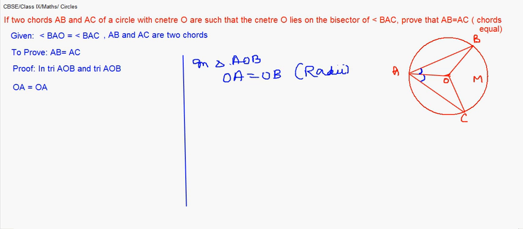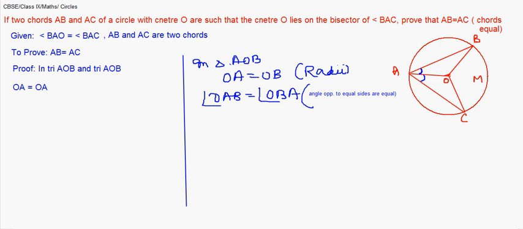Angles opposite to equal sides will be equal, thereby making angle OAB equal to angle OBA. Angles opposite to equal sides are equal. Done.